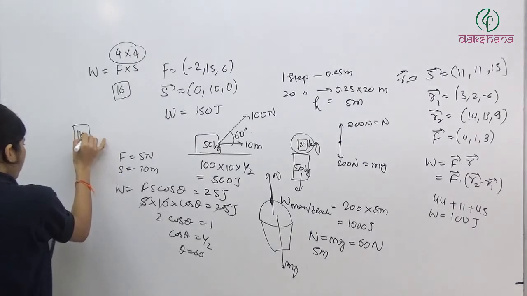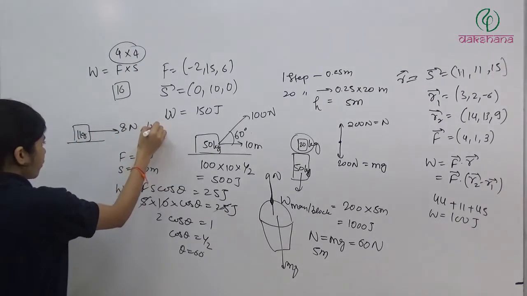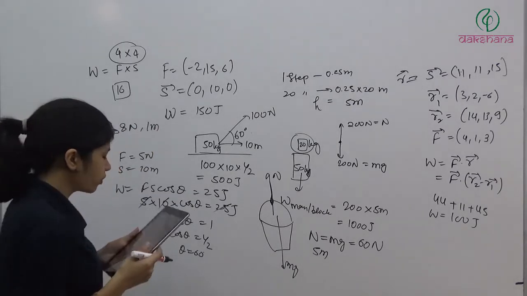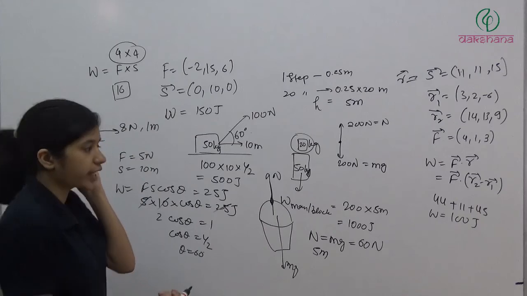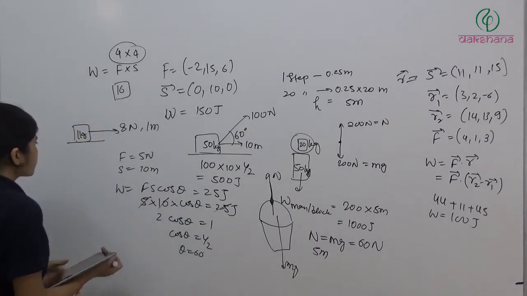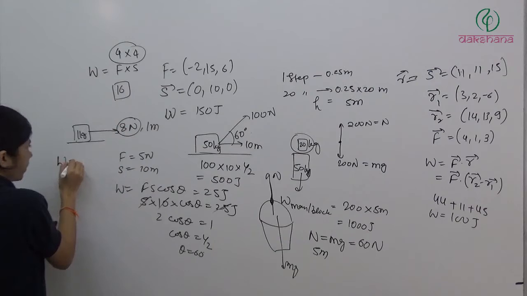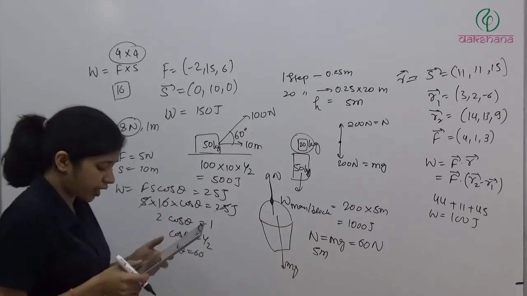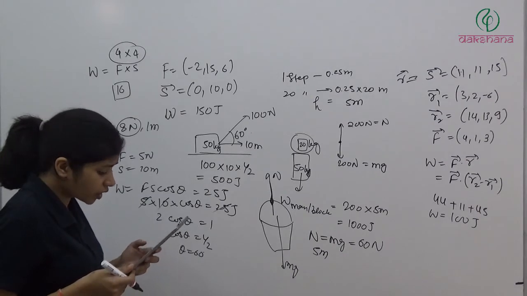Then it is raised vertically to a height of 2 meter. So here when we are talking about displacement in horizontal direction, there is a force. Which force? 8 Newton, and displacement is 1 meter. So work done will be 8 Newton. Okay? Because of the displacement in horizontal direction, work done will be 8 Newton.